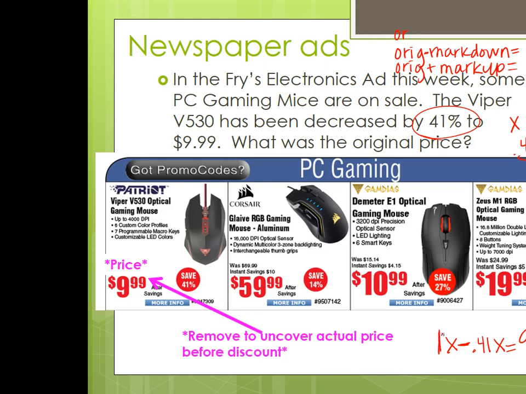You can think of this as a 1x. 1x minus 0.41x is 0.59x. And that's going to equal $9.99. And then to solve for x, you'll just divide by 0.59. So $9.99 divided by 0.59 is 16.93. So $16.93 was the actual price.